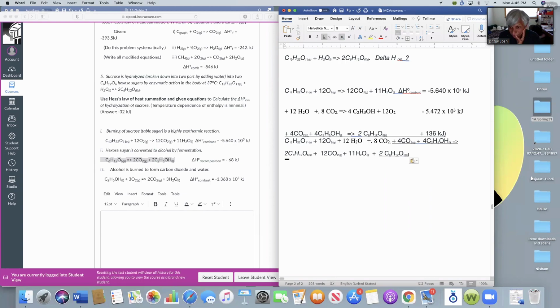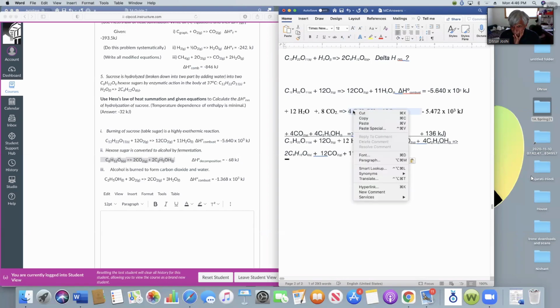All right. So now we say, what is common on both sides? We have C12H22O6. That's fine. That's just like that. 12O2. And I have 12O2 on this product side. Right there. This one that I forgot to put in there. I forgot to put in also 4 C2H5OH. Yeah, I also forgot to put this in. Okay, the product.